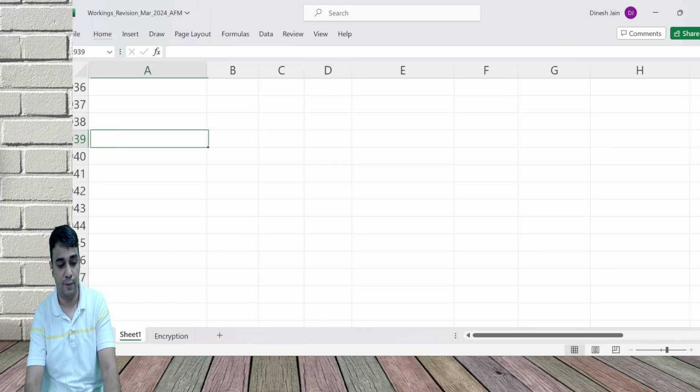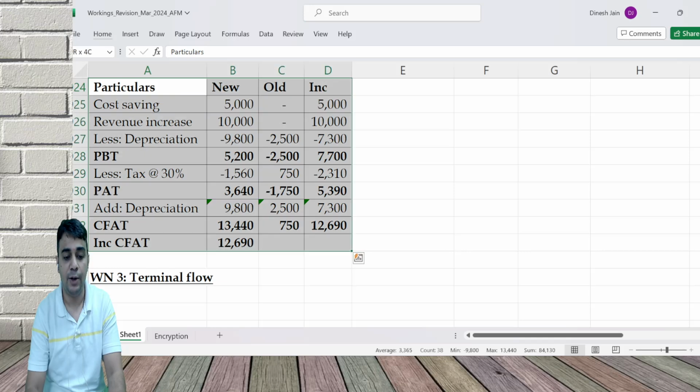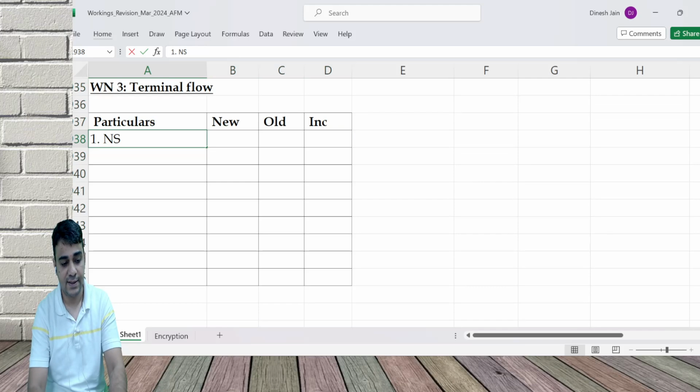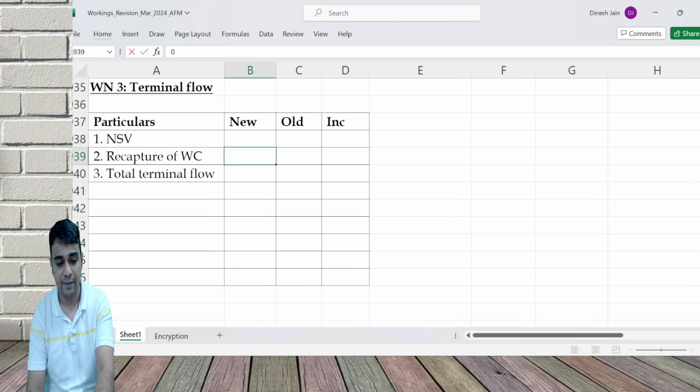Working note 3, terminal flow. I prefer to always do new separately, old separately. It ensures that I don't make an error. NSV, recapture of working capital, and total terminal flow. Working capital anyway is not there, 0, 0.